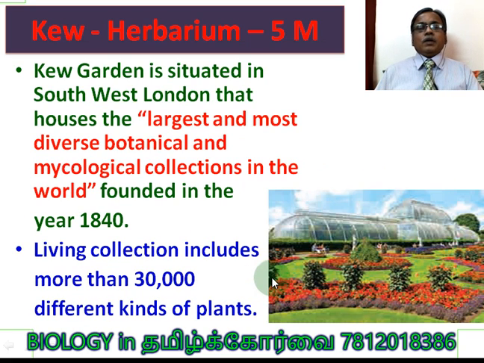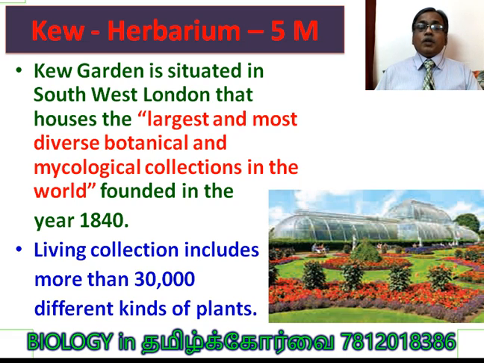Are you clear? Now we are going to learn exclusively about Kew Herbarium. 5 mark question. Kew Garden is situated in southwest London and houses the largest and most diverse botanical and mycological, fungal collections in the world. Founded in the year 1840, the living plants include more than 30,000 different kinds of plants.